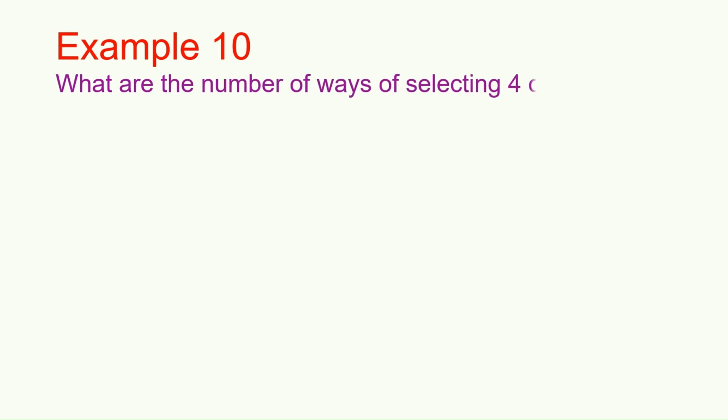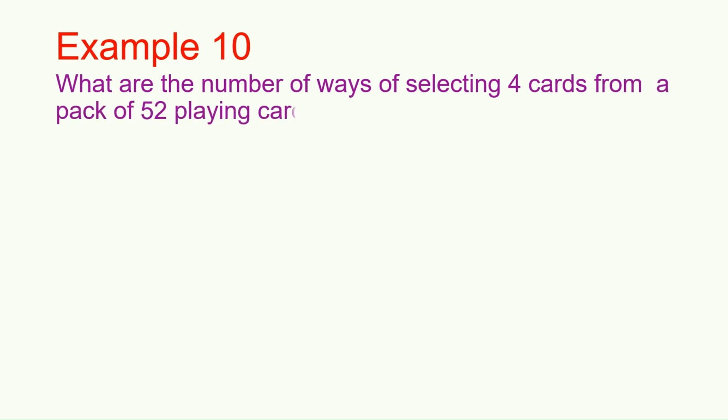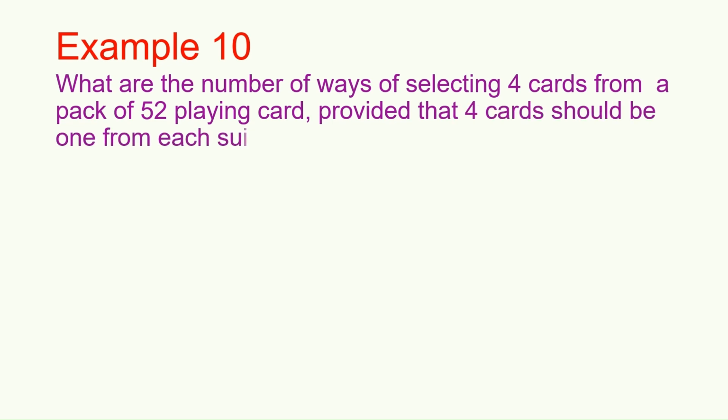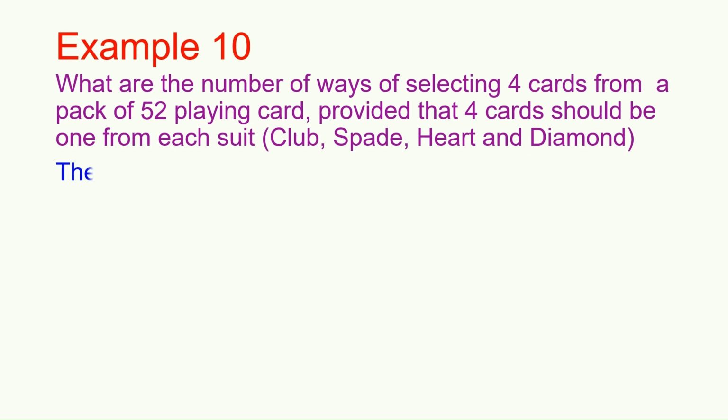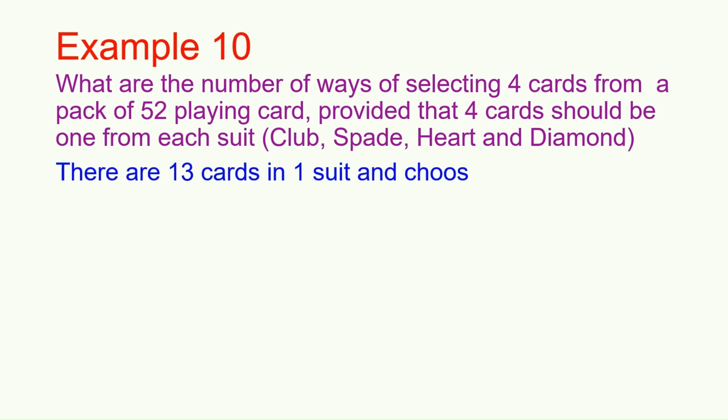Example number 10. What is the number of ways of selecting 4 cards from a pack of 52 playing cards, provided that the 4 cards should be 1 from each suit: Club, Spade, Heart and Diamond? There are 13 cards in one suit.